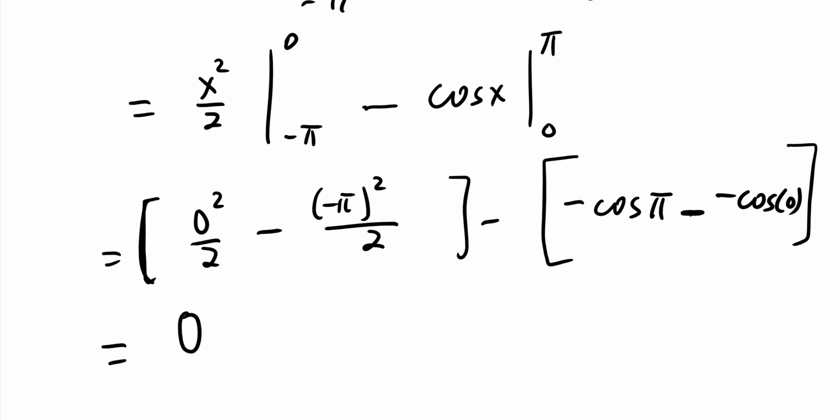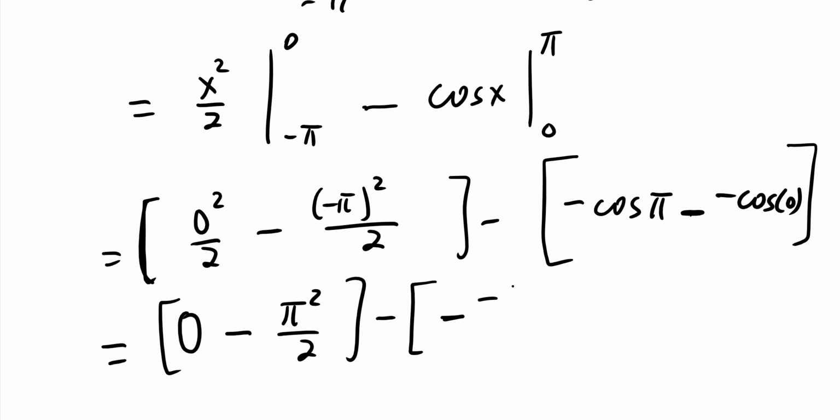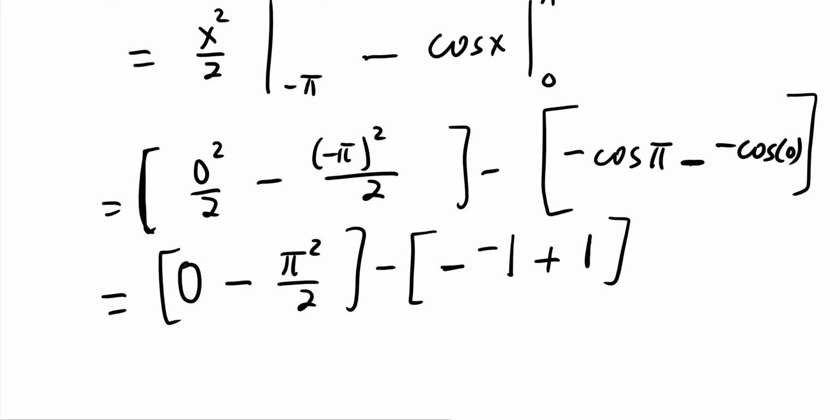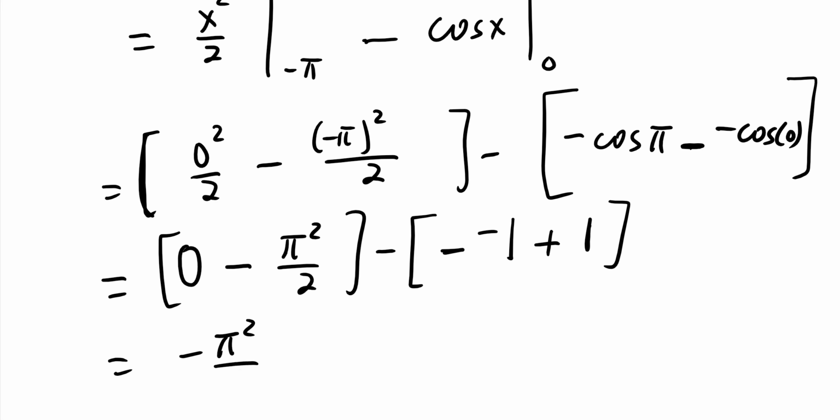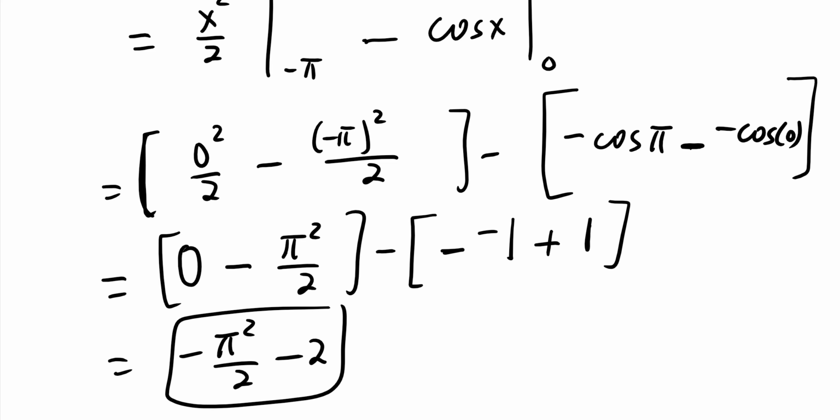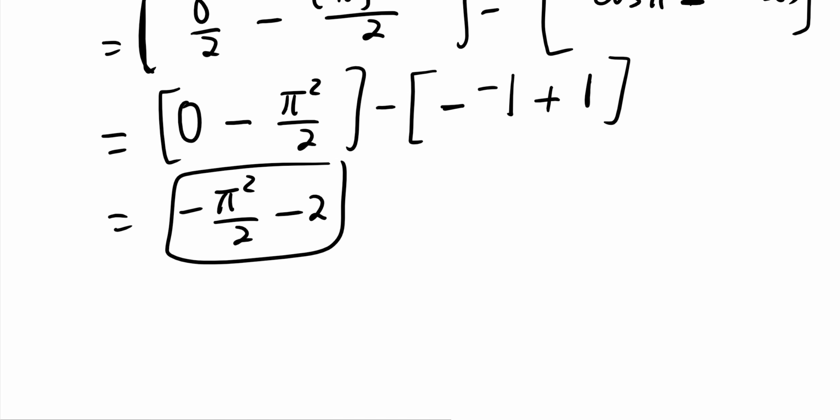So that gives us 0 minus pi squared over 2, minus negative cosine pi, which is negative negative 1, plus cosine 0, which is 1. Negative pi squared over 2, that's 1 plus 1, so 2, minus 2. So that's what it gives us. The answer is negative, and that's okay. To get a negative answer means the majority of the graph of this function falls below the x-axis.